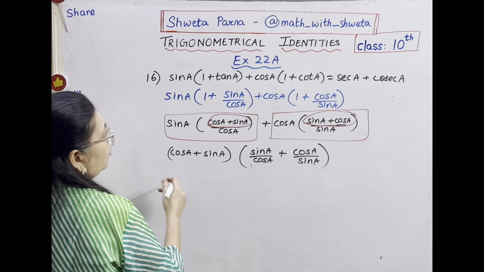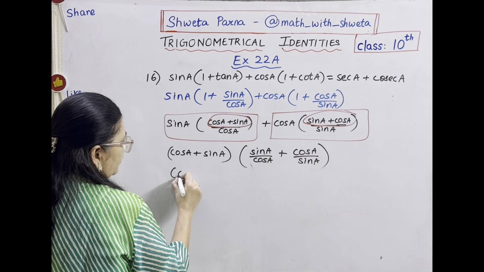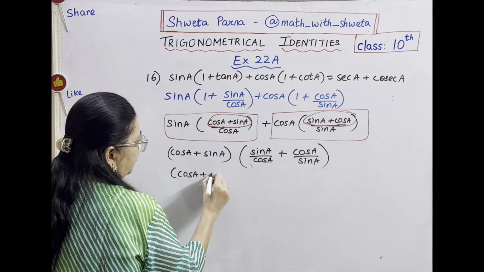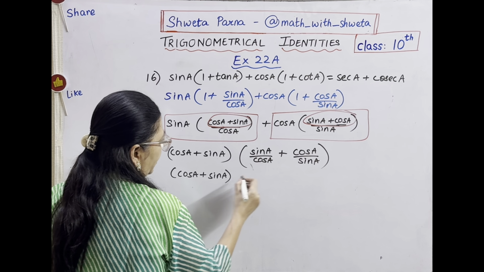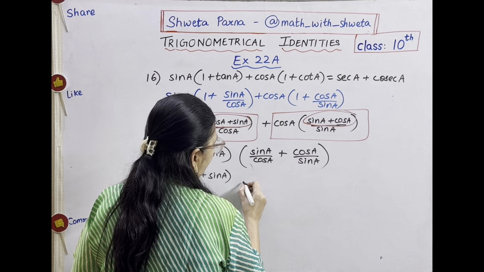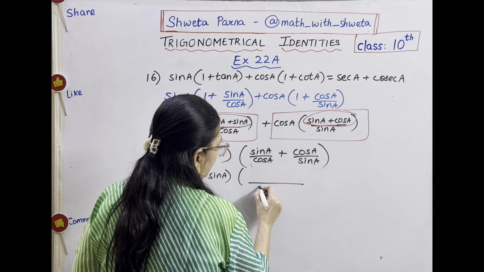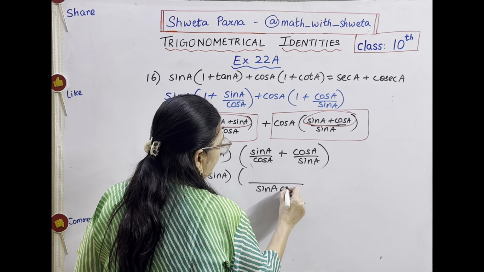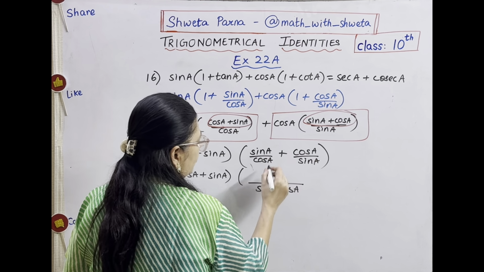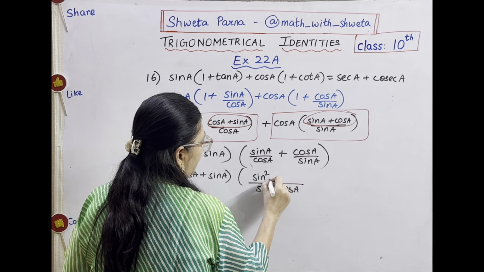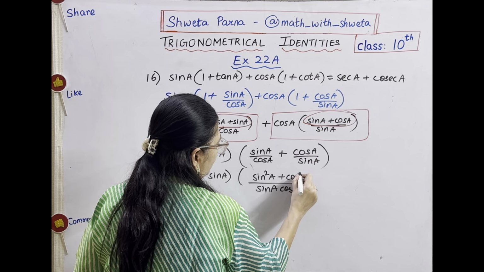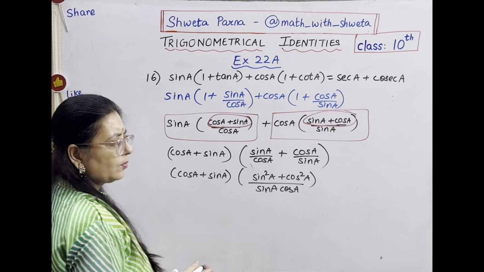Clear? Now this is cos A plus sin A. Okay. Now again take the LCM. What is the LCM? It is sin A into cos A. So this will become sin square A plus cos square A. Okay.